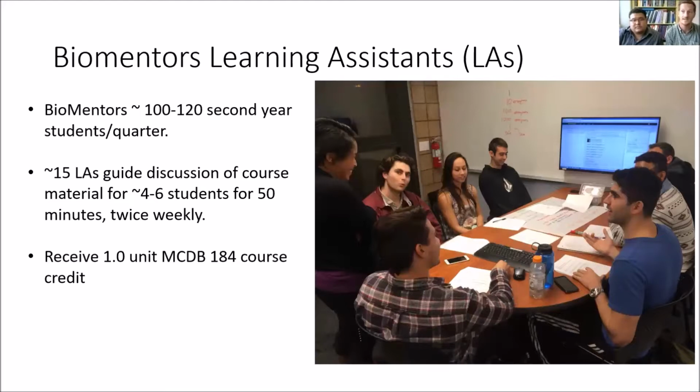This number varies depending on how many students we can recruit, and they guide the discussion for the 4 to 6 students for about 2 hours a week. These students receive 1 unit of MCB184, which is mentorship in biology. In this photo is a former HHMI funded lecturer, Lynn Griffin, leading a training session with about 7 of these BioMentors. The training typically happens once a week for at least an hour as well.